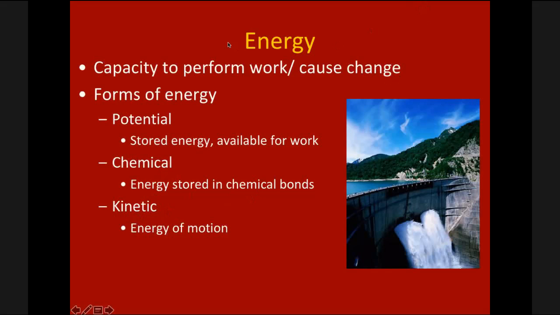And in biological systems, we're constantly going to be cycling between high and low potential energy, between stored energy and releasing energy, usually in the form of kinetic energy. So when you pop an electron out of its orbital, it's exhibiting kinetic energy, the energy associated with motion. And this happens every time that you break a chemical bond.